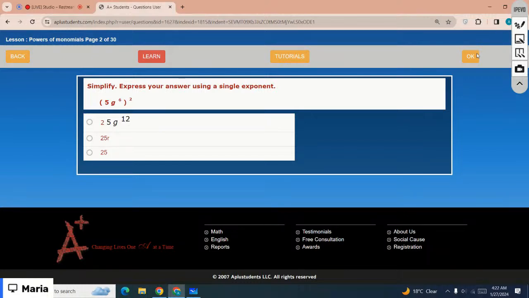Yes, that is 25g12, option number 1 is the correct option. Very good.